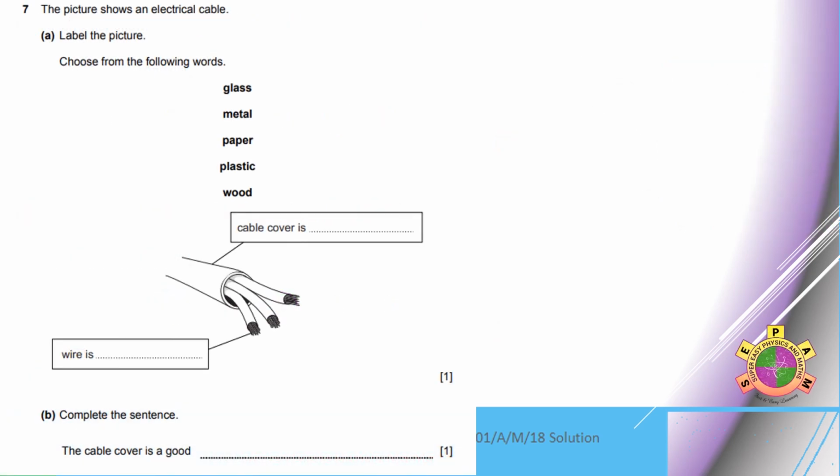Question 7. It shows an electrical cable. Choose from the following words. What covers the cable? Plastic. The wire is made up of metal.